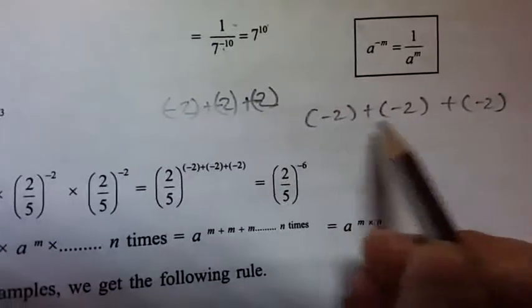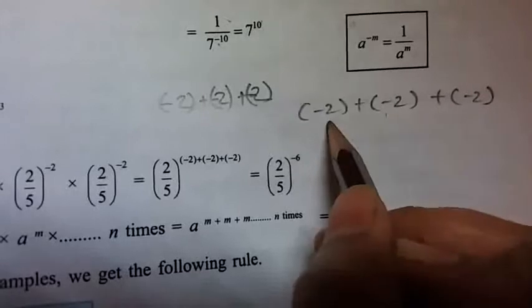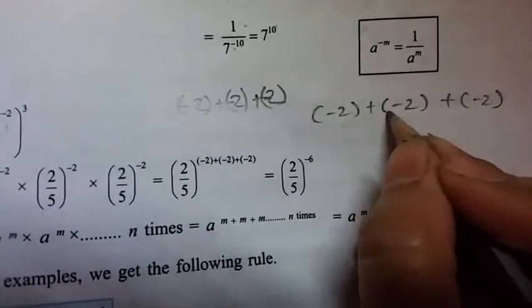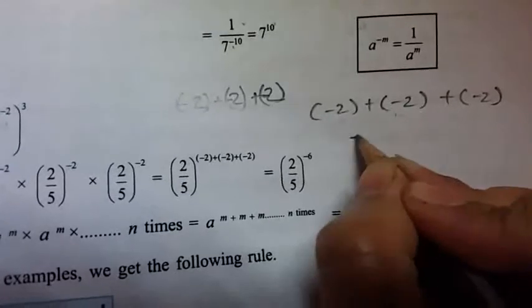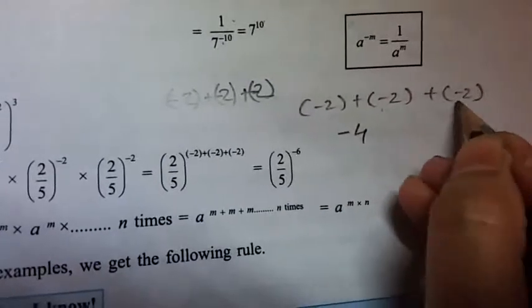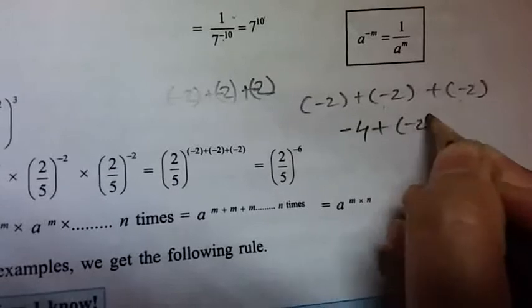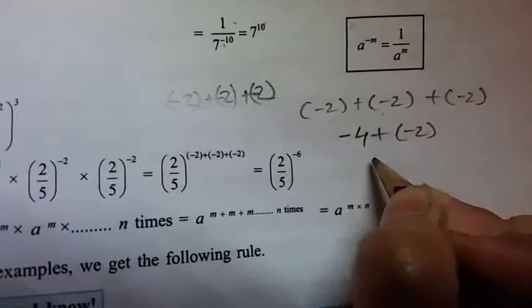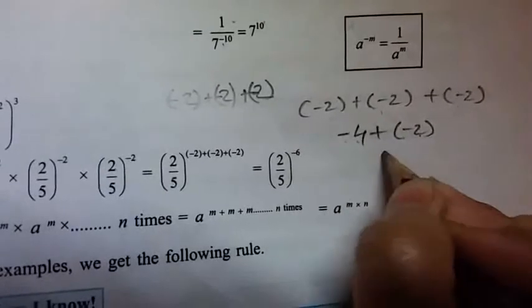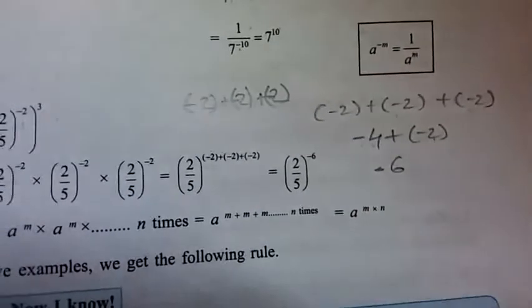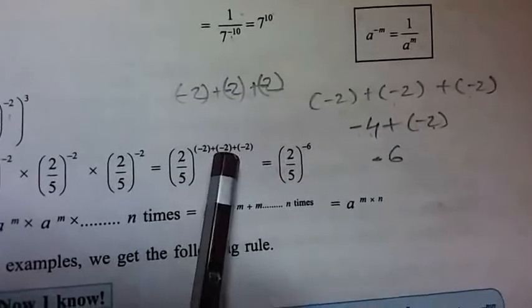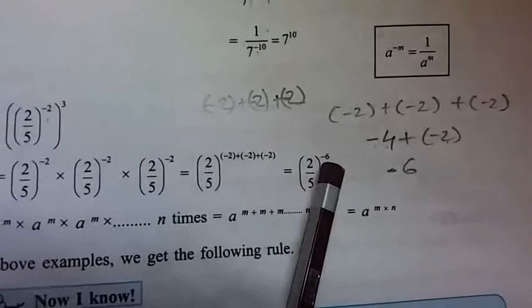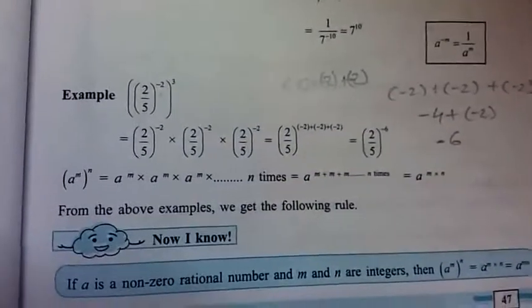Minus 2 plus minus 2: minus and minus, add, and give the sign of minus, means minus 4. And this plus minus 2: minus 4 minus 2, do the addition, 4 plus 2 is 6, and give the negative sign. Means minus 2 plus minus 2 plus minus 2, the answer is minus 6. Means 2 upon 5 raised to minus 6.